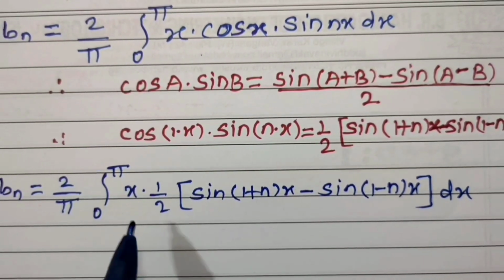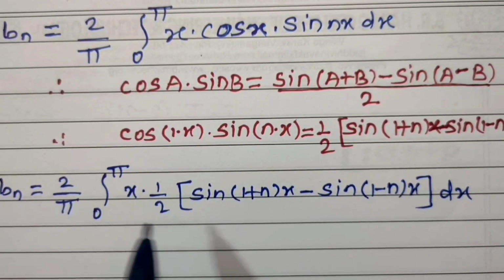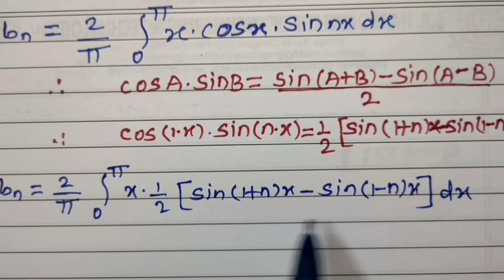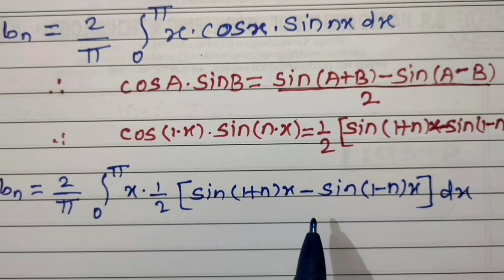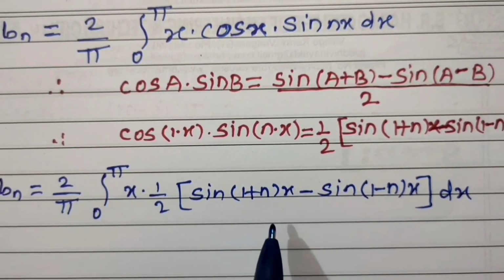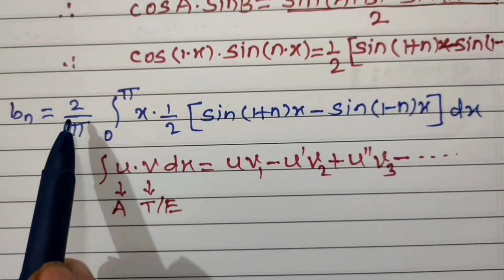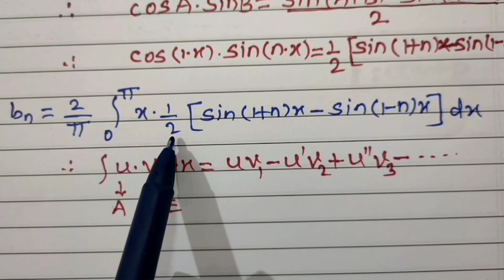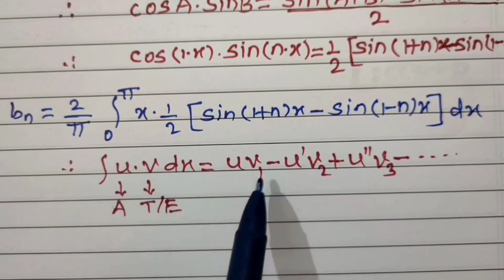Okay, now first function is algebraic function and this bracket is trigonometric function. We can apply the special formula for integration by parts method. Hence here these two get cancelled with these two and now we have to apply this formula.